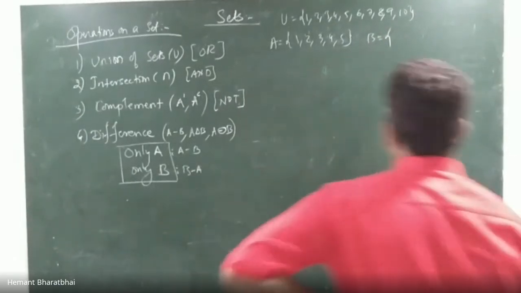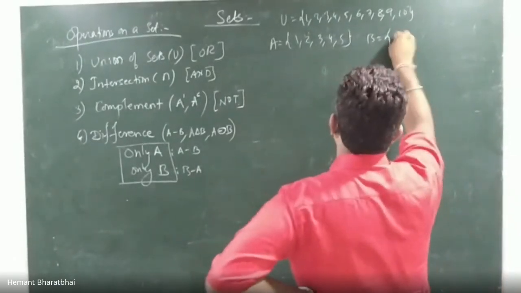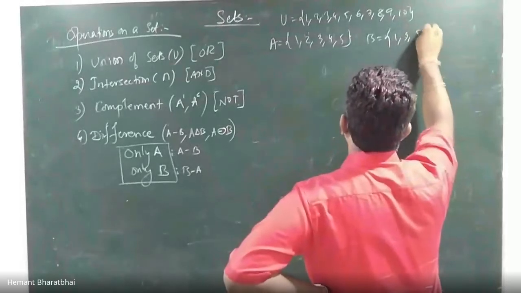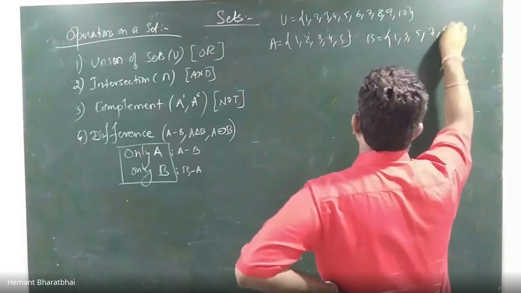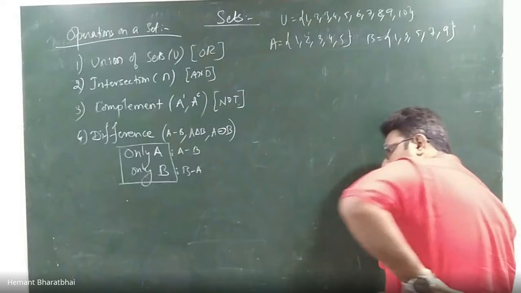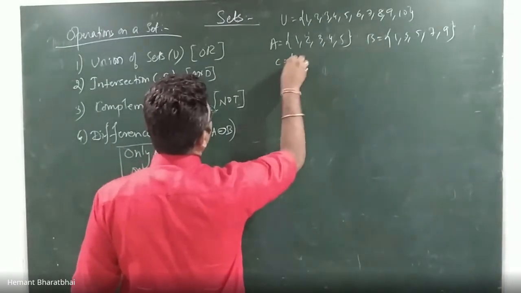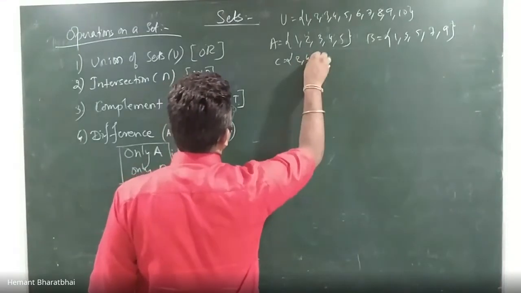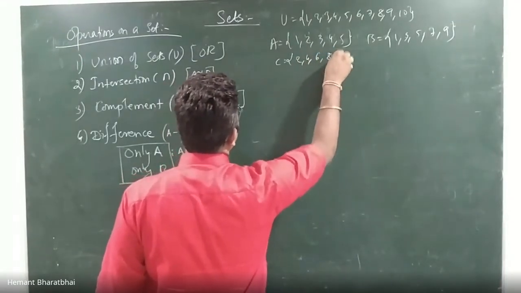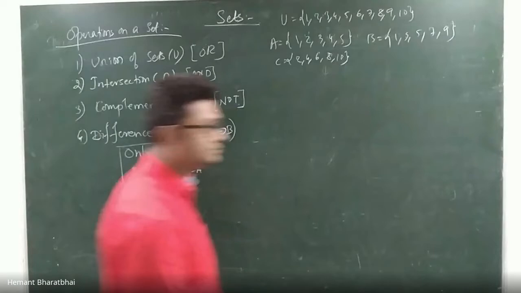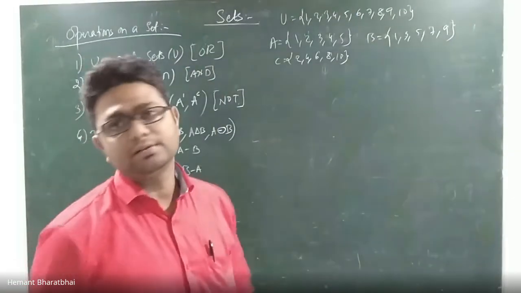There is a set B having elements 1, 3, 5, 7, 9. There is a set C having elements 2, 4, 6, 8, and 10. Now let us try to find out.